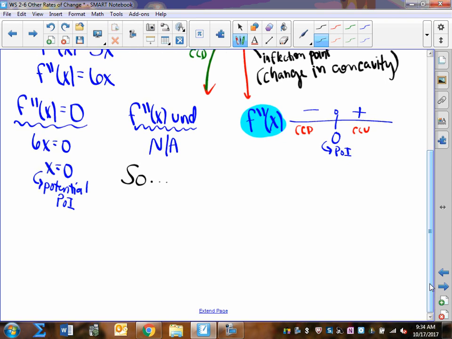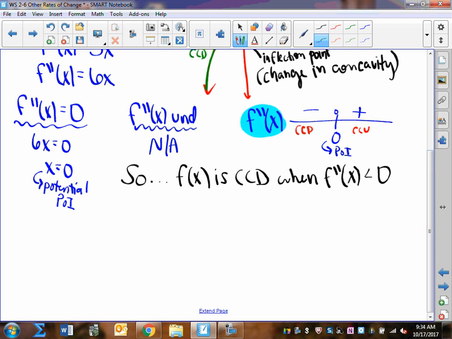All right. So what we conclude is that f of x is concave down. Now I'm abbreviating it here; in our actual justification we would write out concave down. It's concave down when our second derivative is negative. Do we agree with what we just said? Okay.